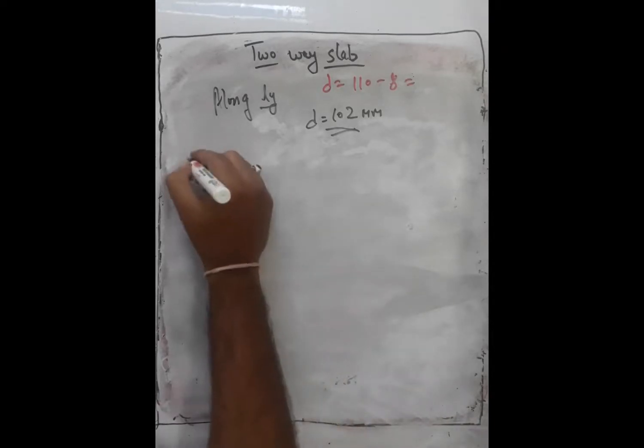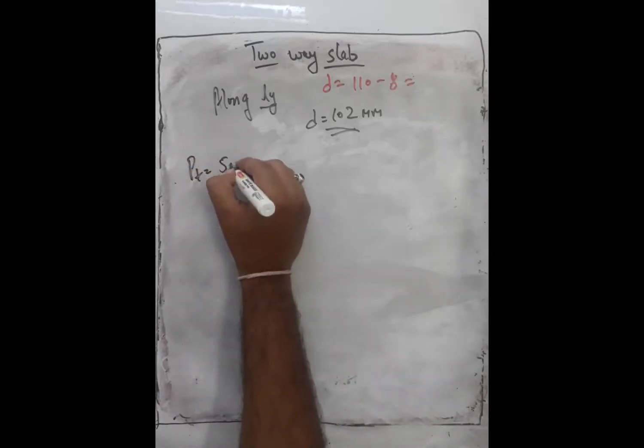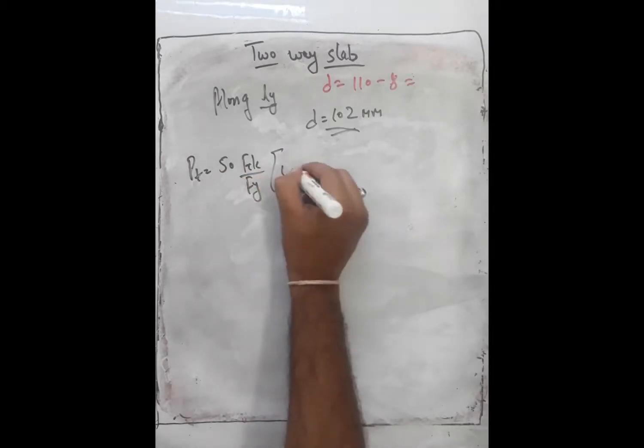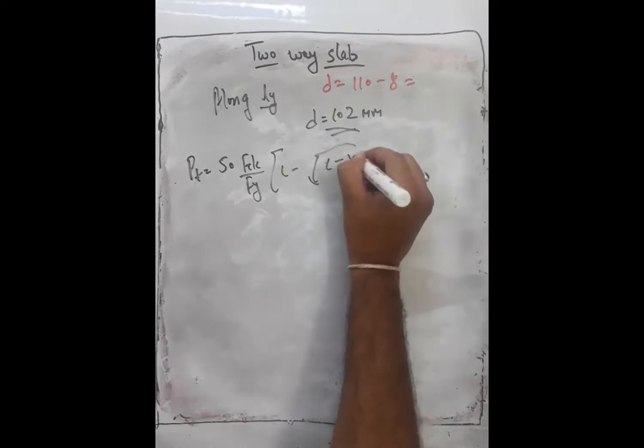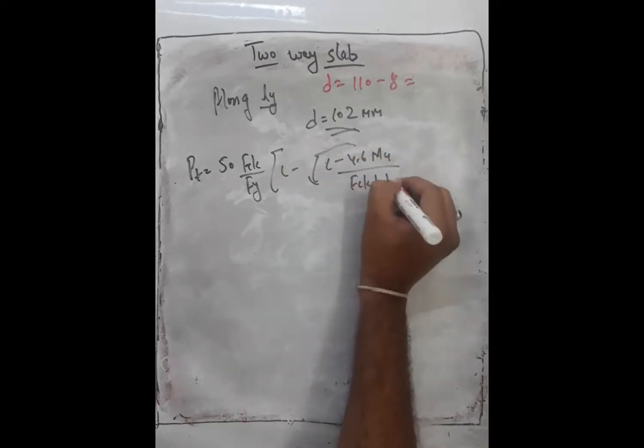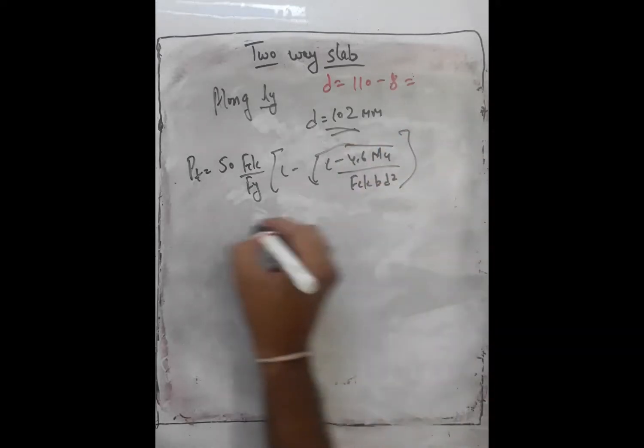Now apply the formula. Pt is equal to 50 fck upon fy, into 1 minus root of 1 minus 4.6 Mu divided by fck b d square.